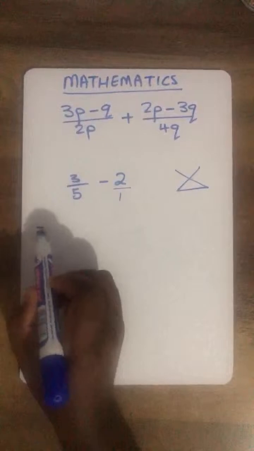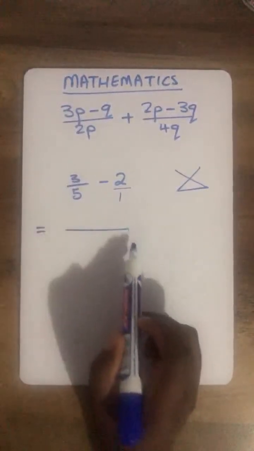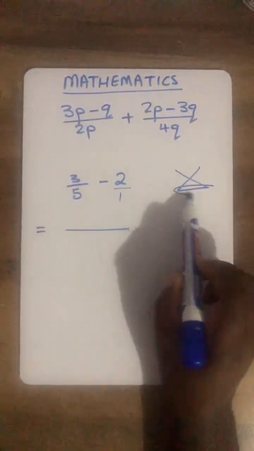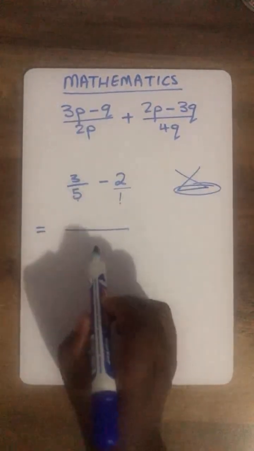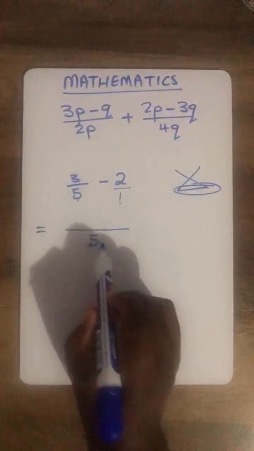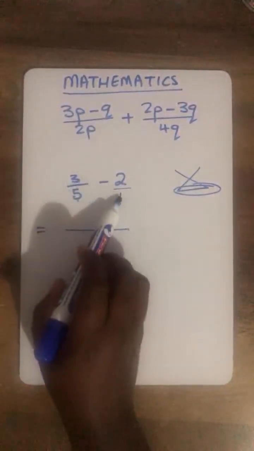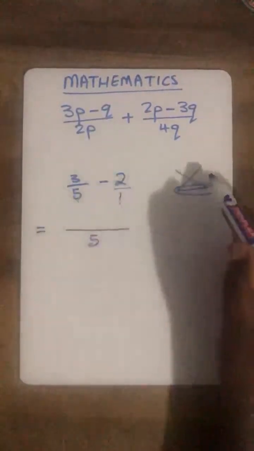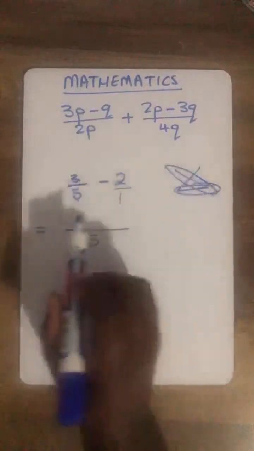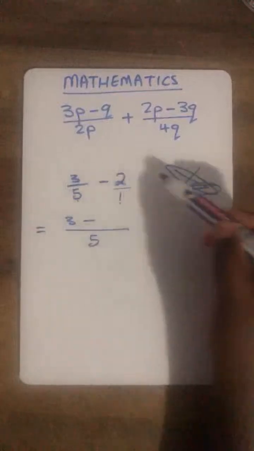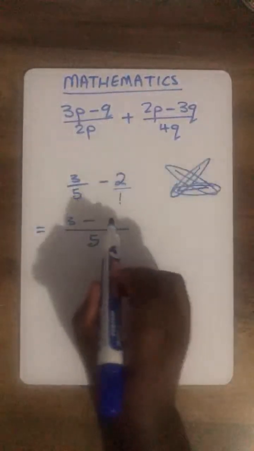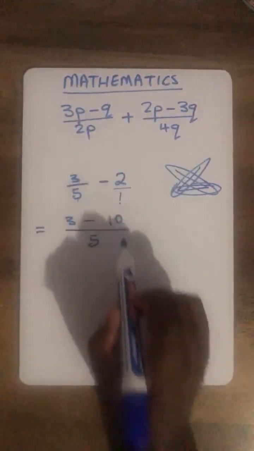So now let's see. In this case, I am going to start with that part which says 5 times, no, 5 times 1. What is that? That is 5. So now we are having 3 times 1, which is that part, which is just 3, minus, what about that times that, that is 5 times 2, which is 10.